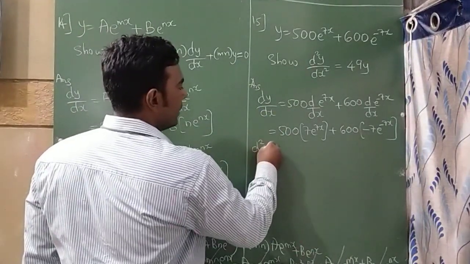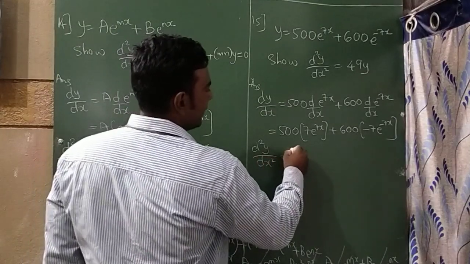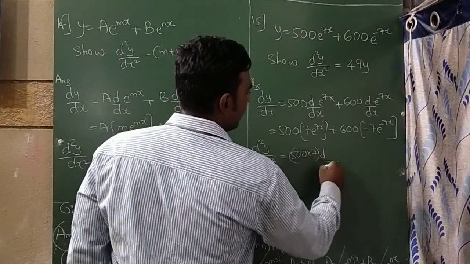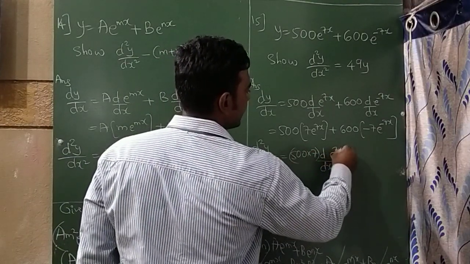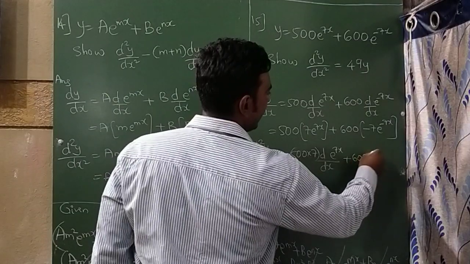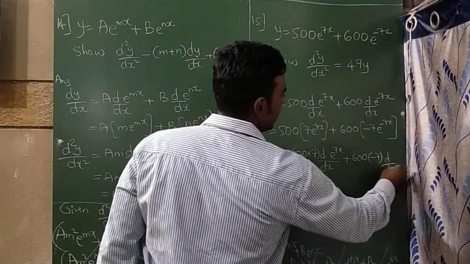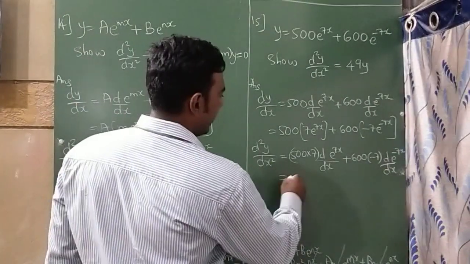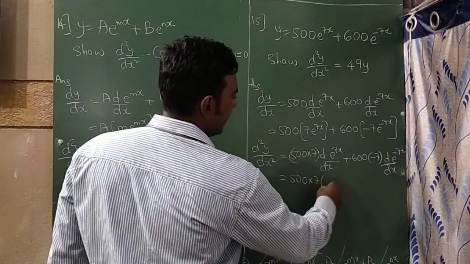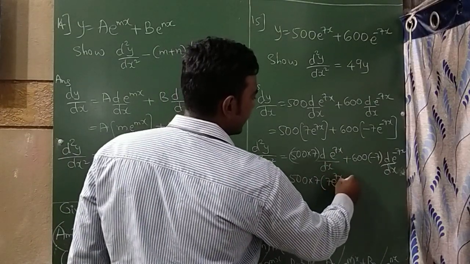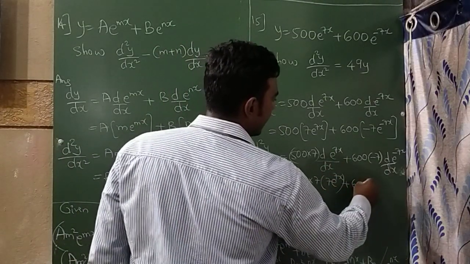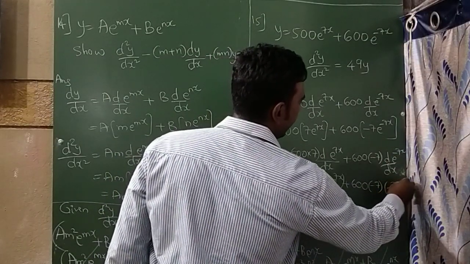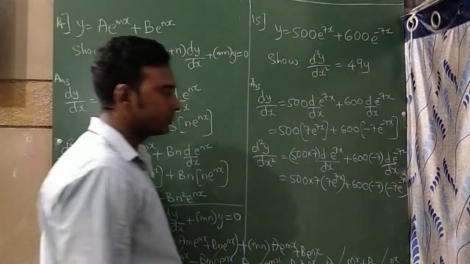So d square y upon dx square is equal to 500 into 7, now d by dx of e raised to 7x, plus 600 minus 7 d by dx of e raised to minus 7x. Okay, 500 into 7, so this will become 7 e raised to 7x plus 600 minus 7, and this will become minus 7 e raised to minus 7x.